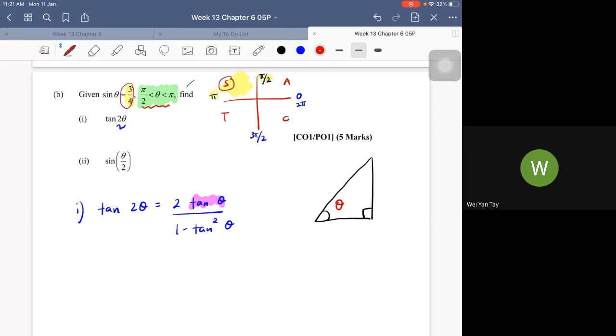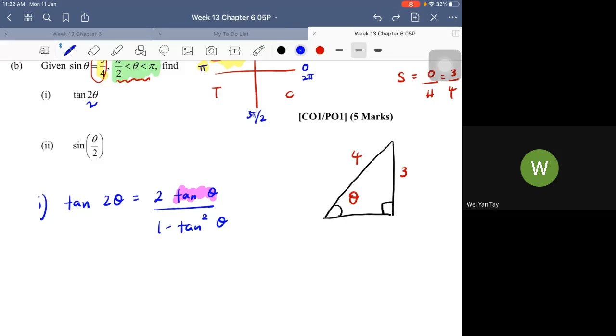And we know according to the rule, sine adalah bersamaan dengan opposite bahagi dengan hypotenuse. Bila kita ada opposite bahagi dengan hypotenuse, nilai dia adalah 3/4. Maknanya nilai opposite kepada theta ni, dia adalah bersamaan 3. So hypotenuse value dia adalah bersamaan dengan 4. So macam mana nak cari nilai kat sini? Can anybody tell me apa nilai dia punya adjacent? So apa nilai kat sini?